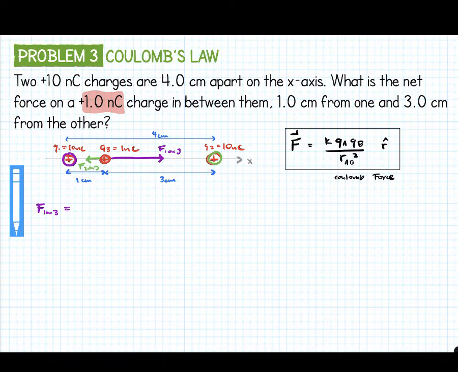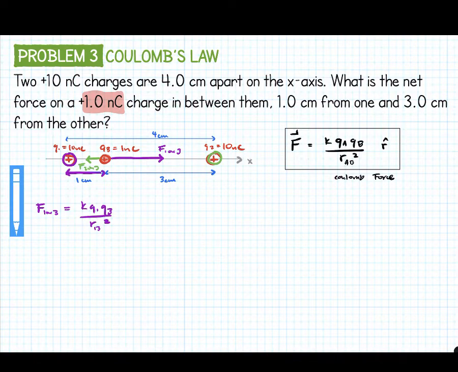So that's going to be k q1 q3 over r between 1 and 3 squared, right? That's going to be our 1 centimeter one. Very important to square that.